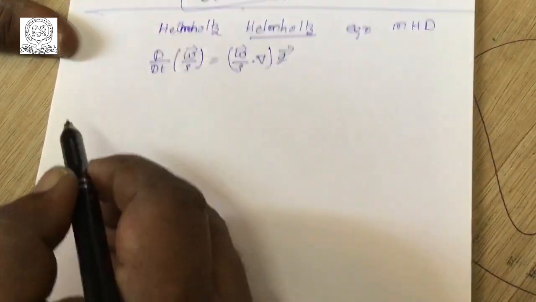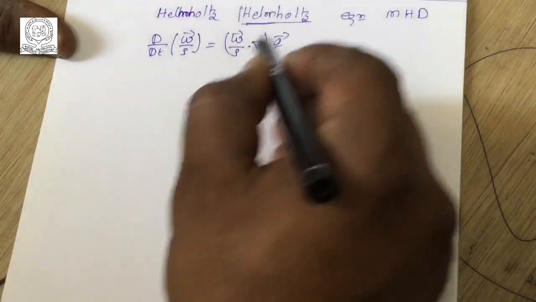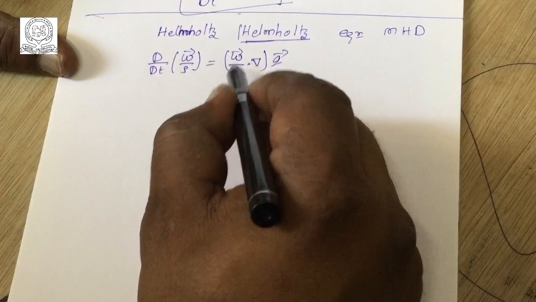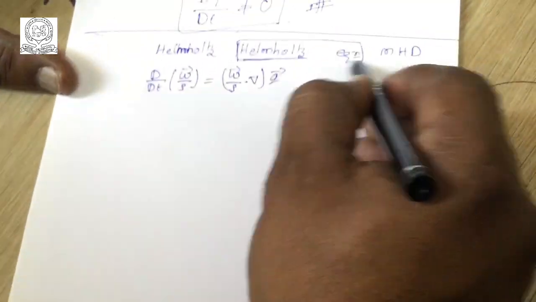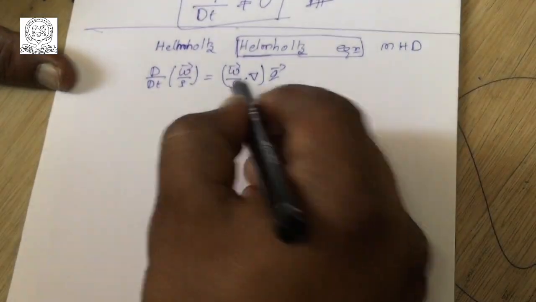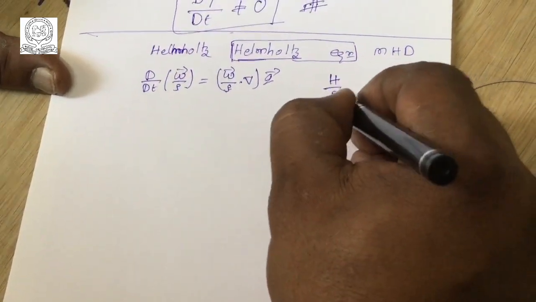So this equation is true for the vorticity vector. Now we have to prove this equation is also true for the magnetic field, meaning instead of omega by rho we take h by rho.